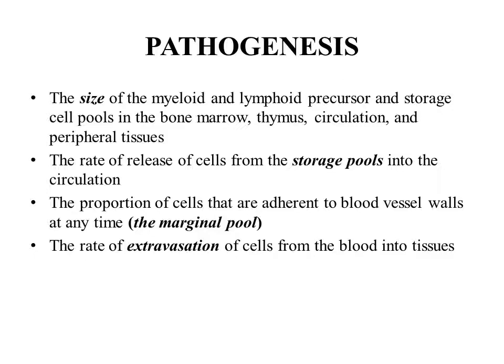Another mechanism may be the rate of release of cells from the storage pool into the circulation. So this may be changed, this may be increased, and this can result in high TLC. Third mechanism, the proportion of white cells that are adherent to the blood vessel walls at any time.